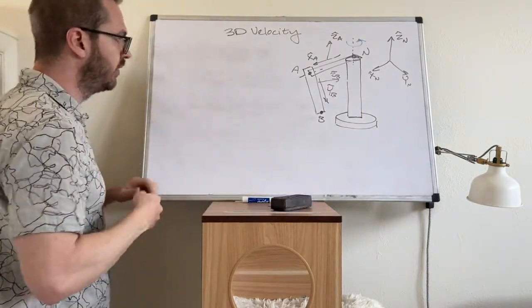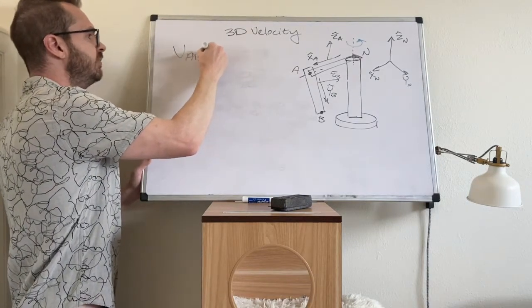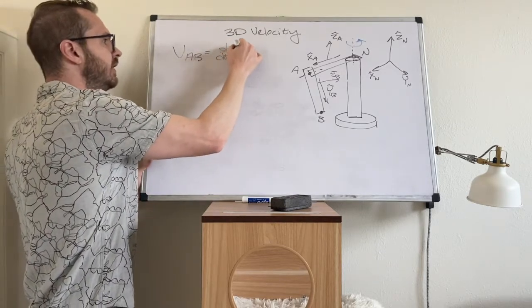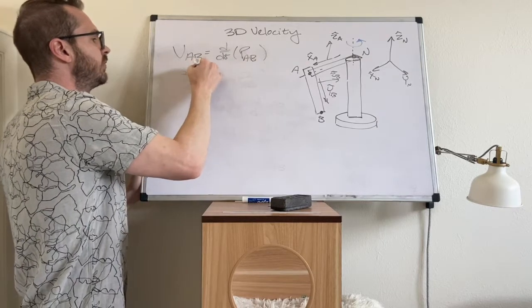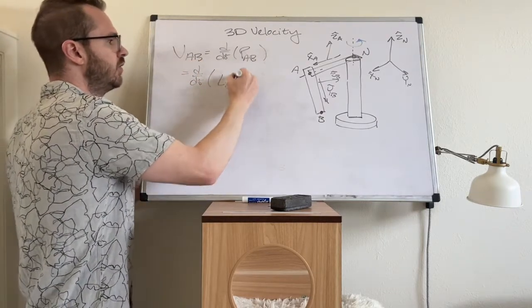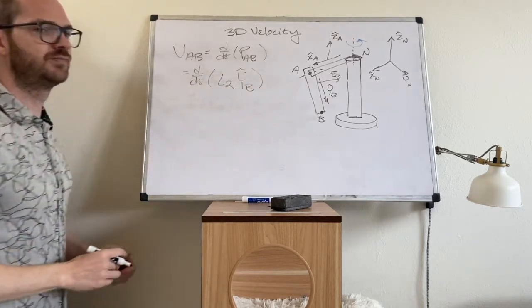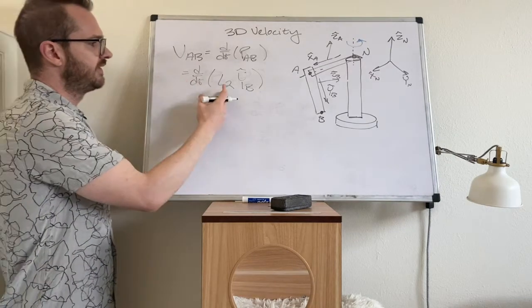Okay, so what we want now is VAB. VAB is ddt of P A to B, and we know that that is going to be ddt of L2 YB. We want to take ddt of this.